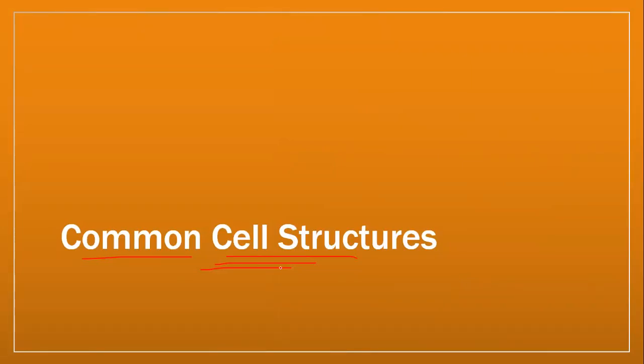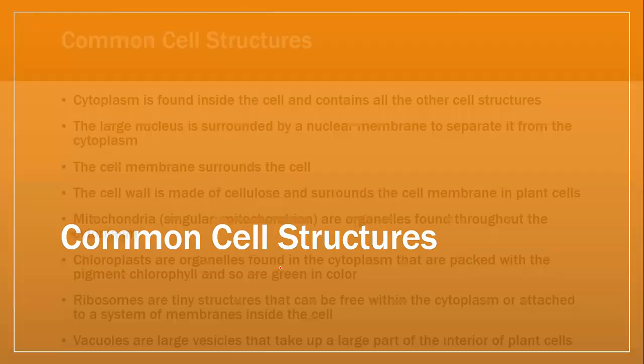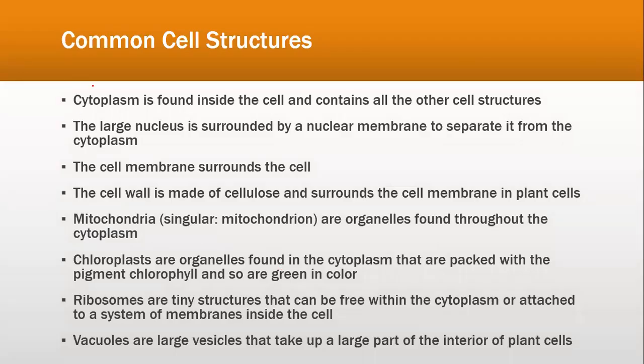Later on, yes, they do differentiate when we talk about different organisms, different kingdoms, and different types; the cell structures differ from each other. But right now, at an initial stage, we'll talk about some of the common cell structures that are present, such as cytoplasm, nucleus, cell membrane, cell wall, mitochondria, chloroplasts, ribosomes, and vacuoles.